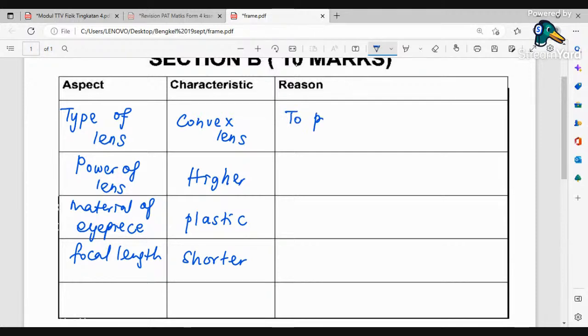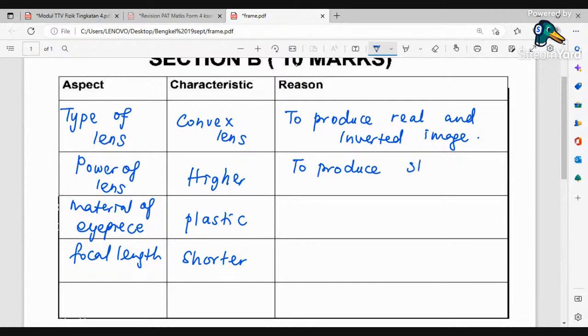To produce real and inverted image, okay, higher power, so to produce sharp and clear image. Okay, sebab dia fokus lebih baik.